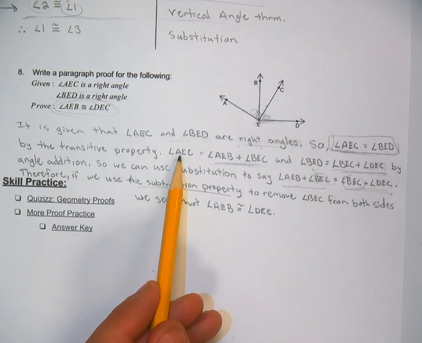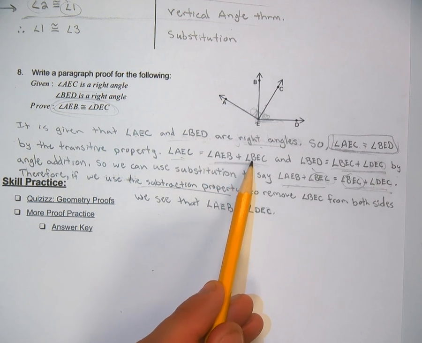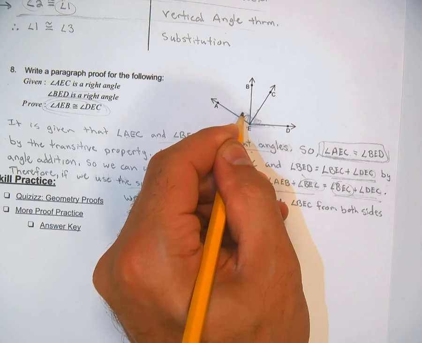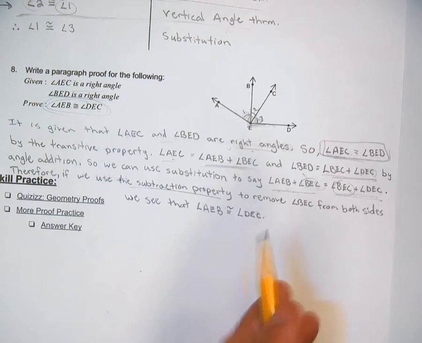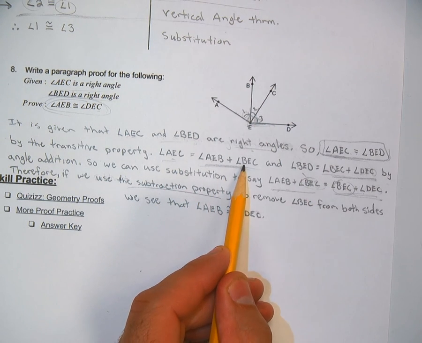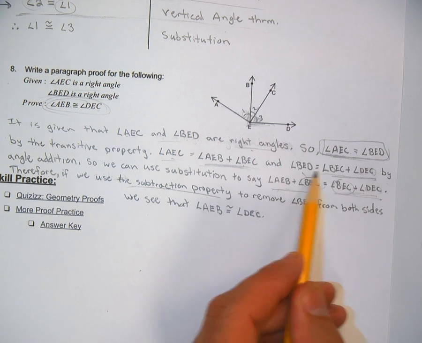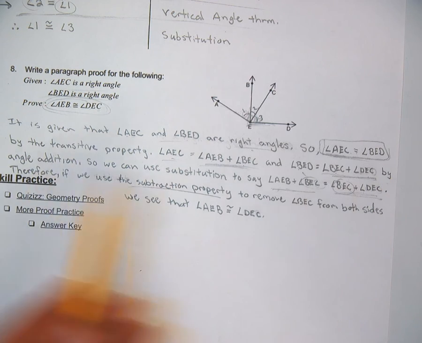So then I can go that AEC equals AEB plus BEC. Here, I'm actually going to number these so that I don't have to keep talking about all the letters. So AEC is made up of angle 1 plus angle 2. And BED equals angle 2 plus angle 3 by angle addition, right?